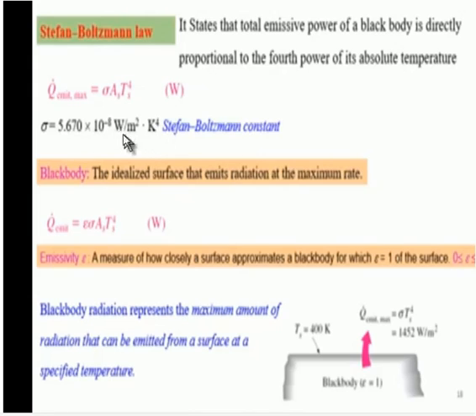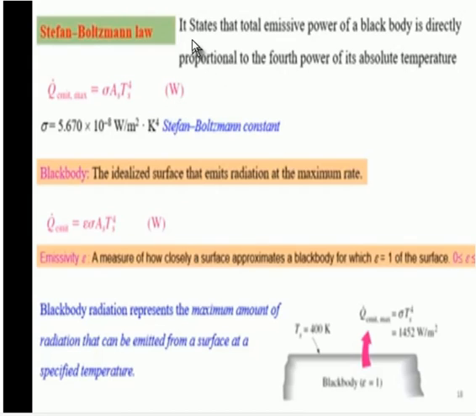This value is called the Stefan Boltzmann constant. We have to remember this value. It is very important to solve numericals on radiation problems.